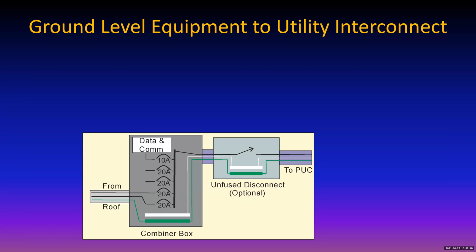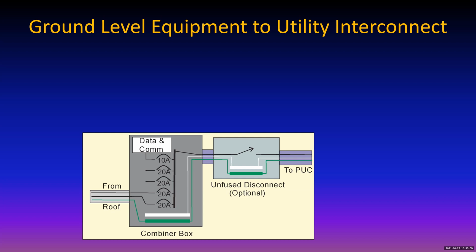There's a combiner box. And oftentimes after that combiner box, we now have just two wires coming out, 240 volts worth. Okay. And I show neutral, but this is a single line diagram, so that black line actually represents two wires. But we show the neutral and the ground separately.